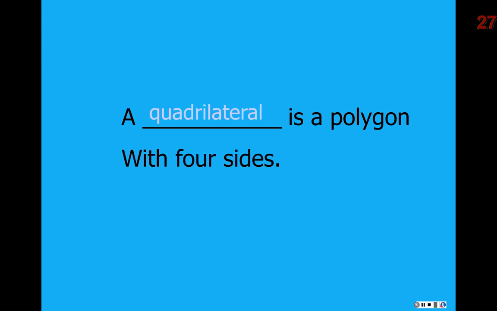Quadrilateral. There are many quadrilaterals. A square is a quadrilateral. A rhombus is a quadrilateral. 4 sides. Quadrilateral. Quad means 4. And lateral means you're going to have 2 equal sides on the side and 2 equal sides on the top and bottom. So that's quadrilateral. That's the first polygon I told you guys about.